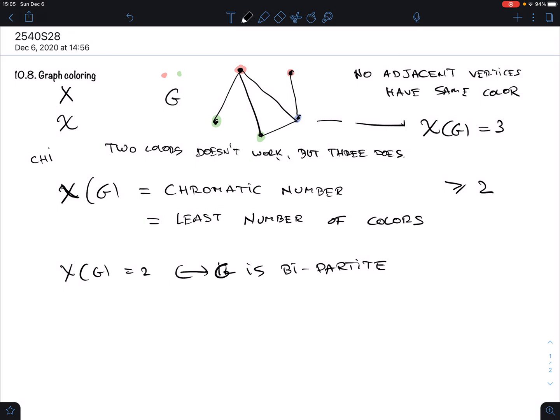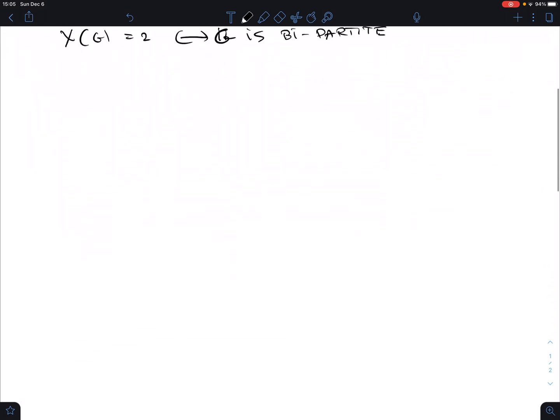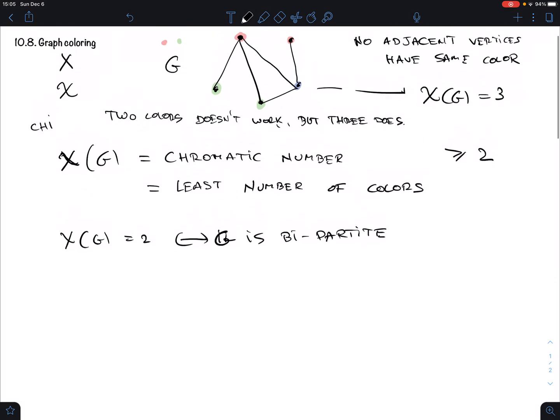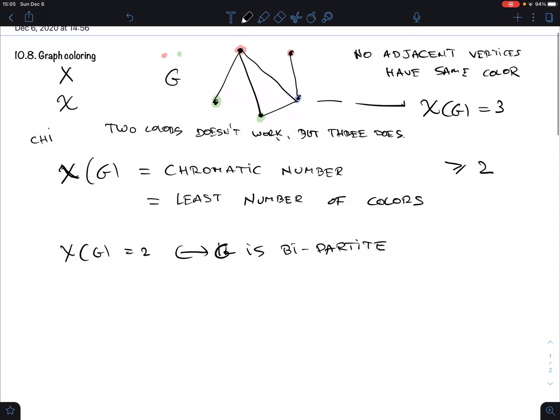Okay, so let me do another example to show you a little bit how to figure this out. It's not so easy, by the way, to know, if I give you a graph, how many colors you need, what's the chromatic number of that graph. At the moment we have no fast algorithms.